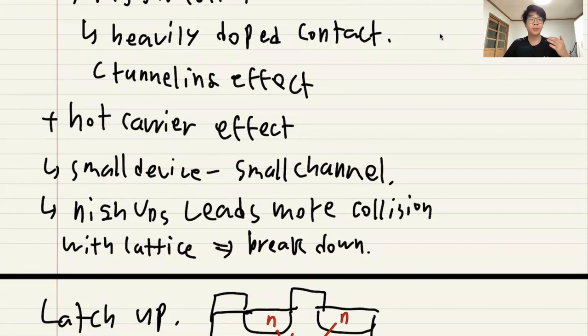They have higher energy, and these energies collide with the lattice and make unwanted ionized electrons, so that the situation appears like a diode's breakdown. And also, because of this hot carrier effect, electron velocities are saturated.